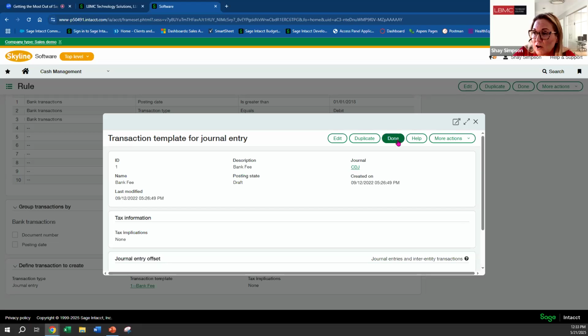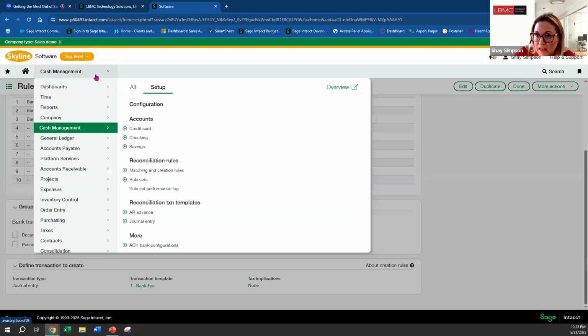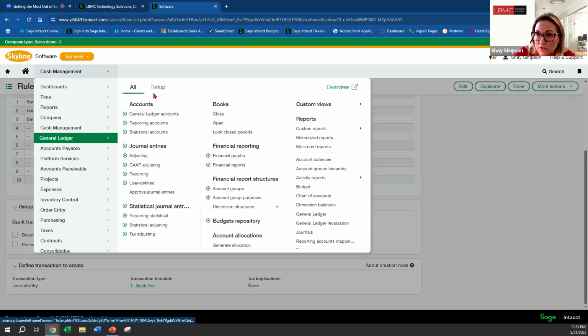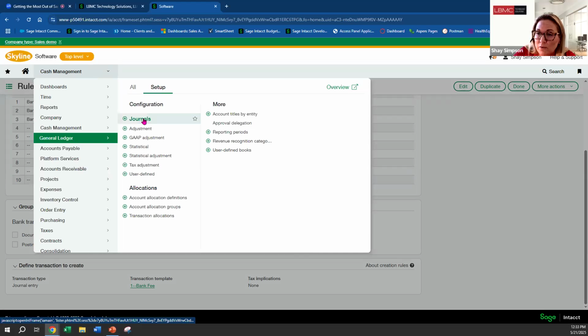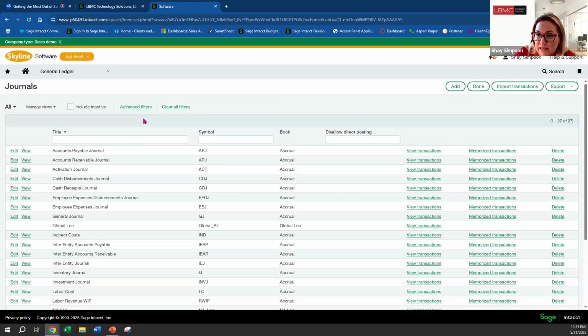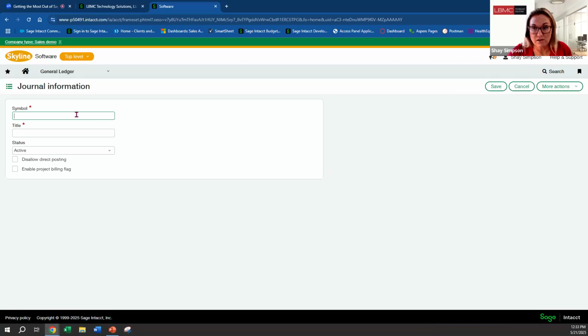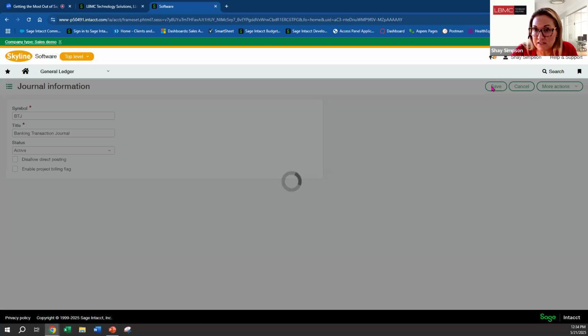CDJ. The only thing I will say there is that within my general ledger, for my journals, I can set up as many journal types as I want. So most of the time, if I'm giving advice to a client, I will say, instead, I want it to be a banking transaction journal, because I want to isolate these very specifically.